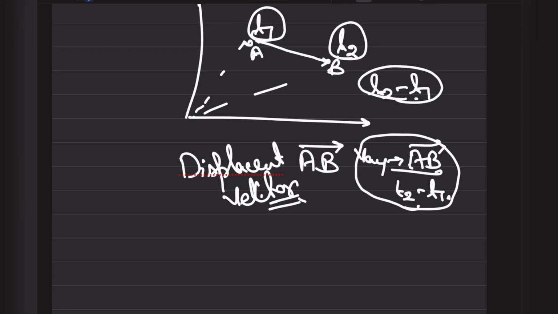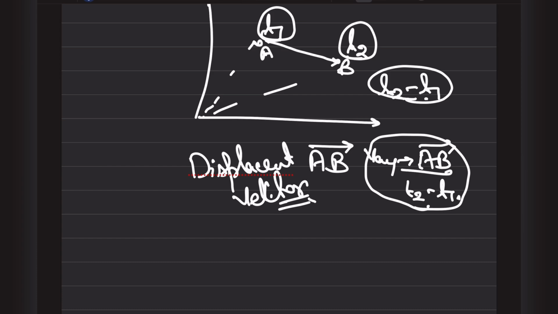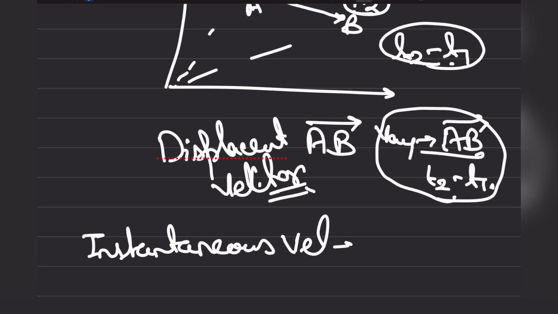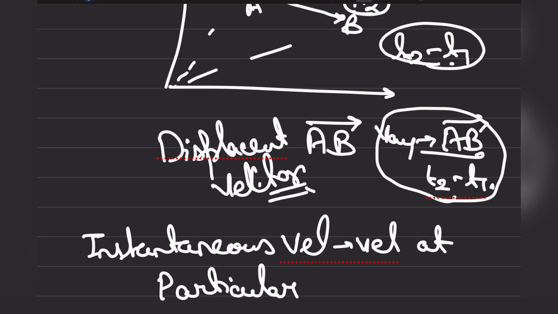The instantaneous velocity is nothing else but the velocity at that point. The instantaneous velocity will be the velocity at a particular point.